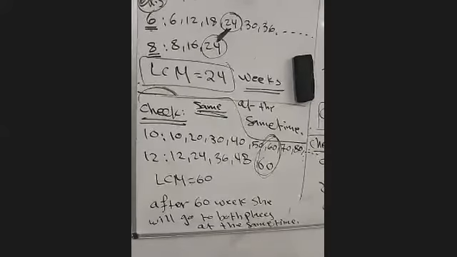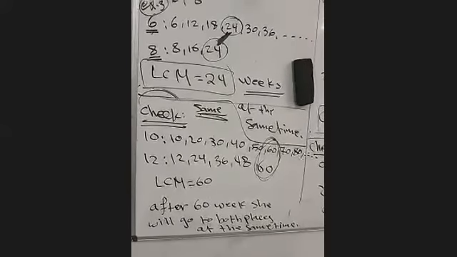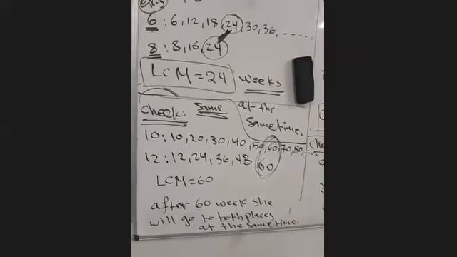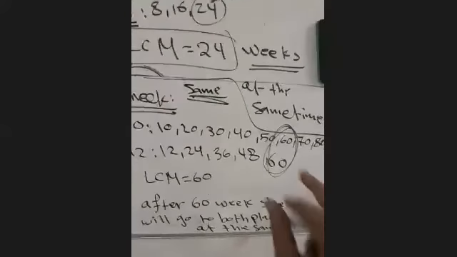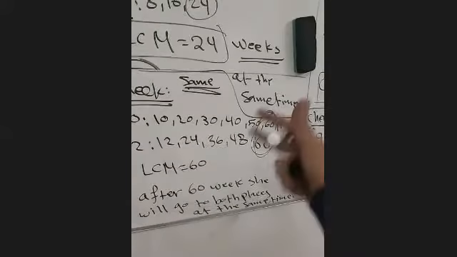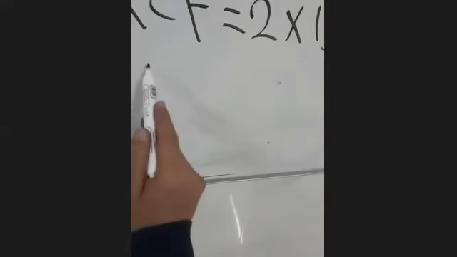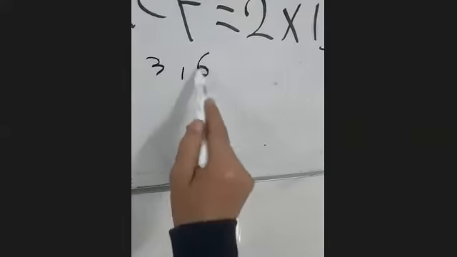We stop on the common numbers. We stop once you find the first common multiple. No need to continue. Look here. For example, I want the least common multiple of 3 and 6.